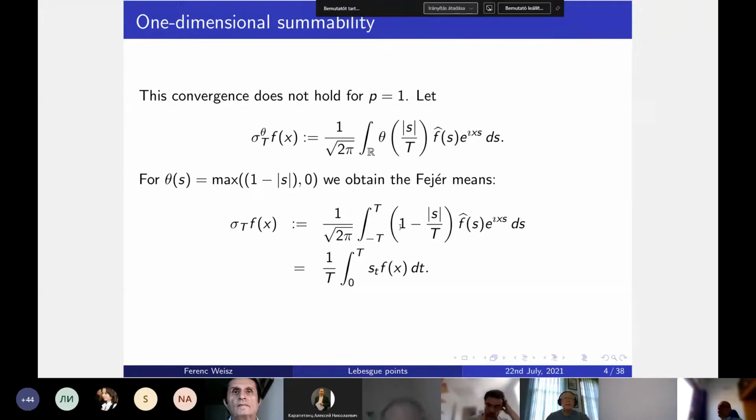We can also write this integral in the next form. Here we take the arithmetic mean or the integral mean of the Dirichlet integrals s_t f. So this is the most known summability method.